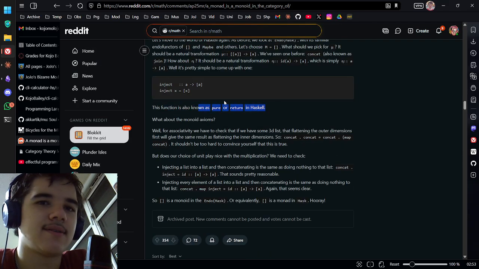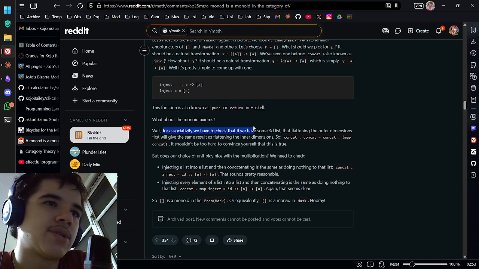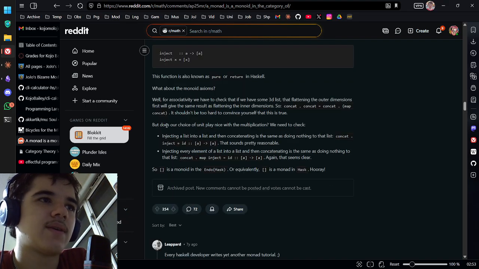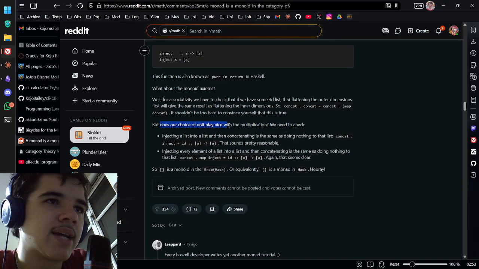Okay. What about the monoid axioms? Well, for associativity, okay. So concat equals concat equals concat.map concat. Sure. Does our choice of unit play nice with the multiplication?